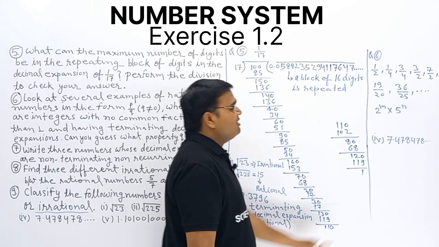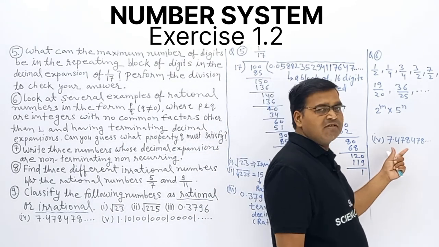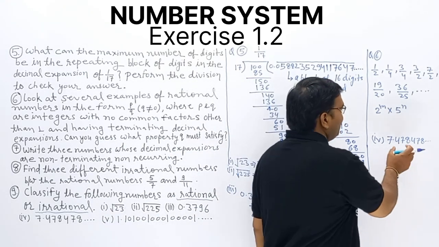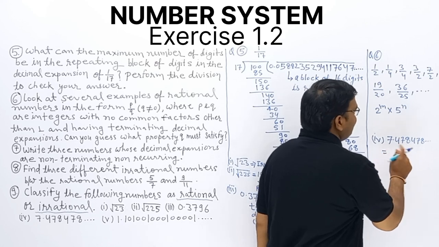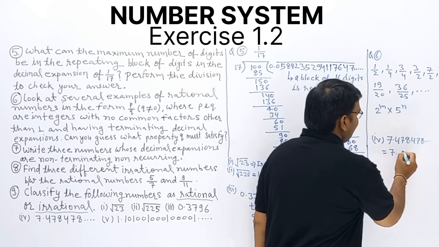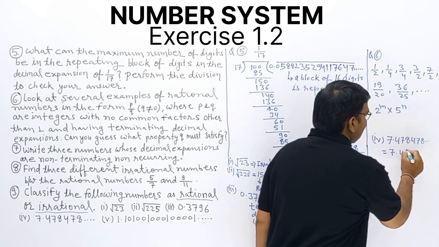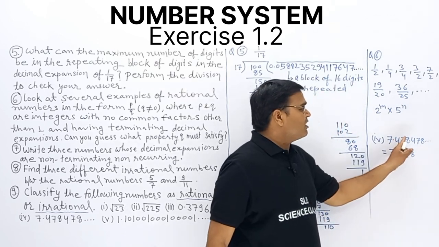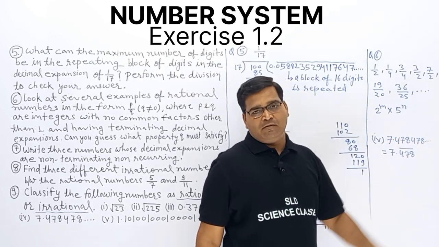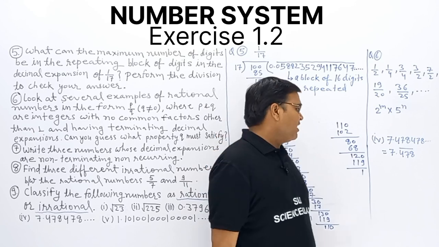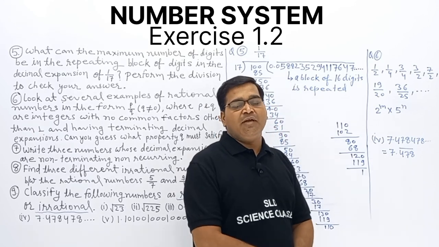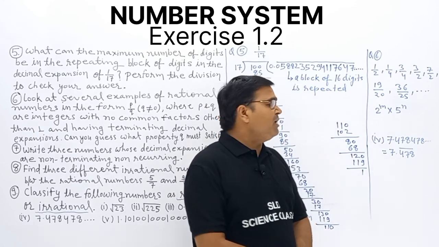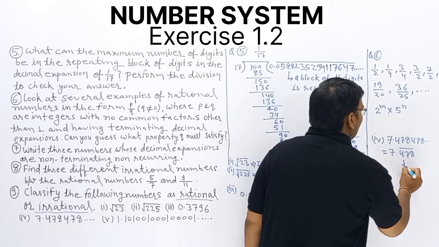Now in this decimal expansion, we get a repeating block. 478 is going to repeat: 478, 478, 478. This block is repeating.